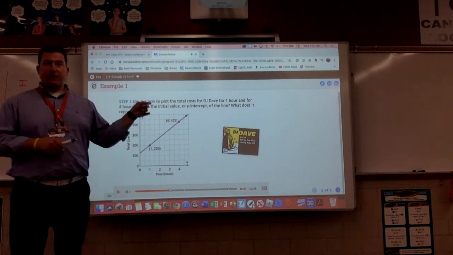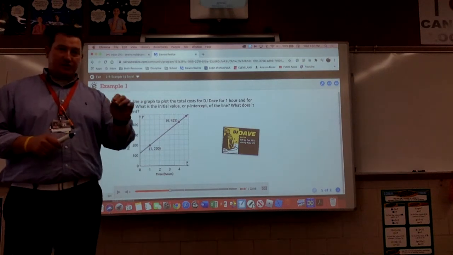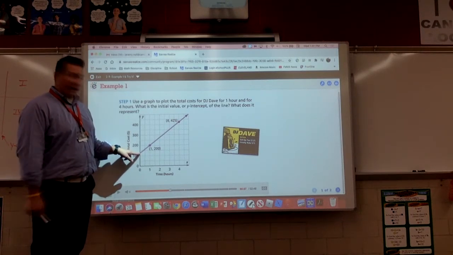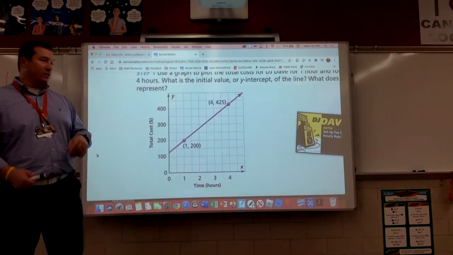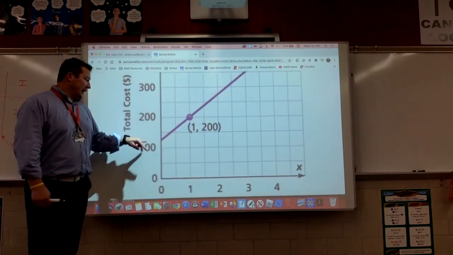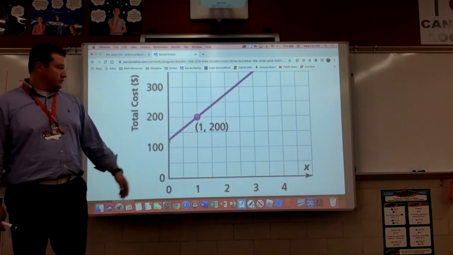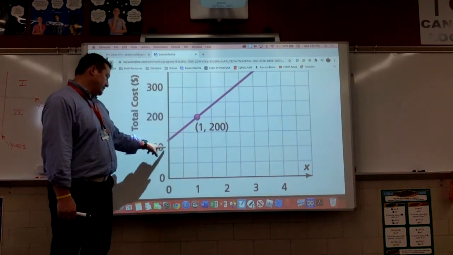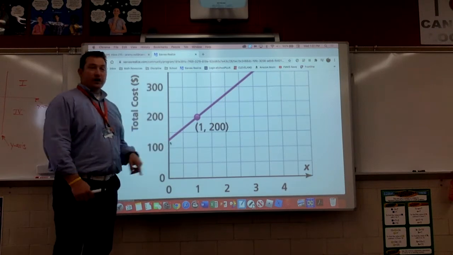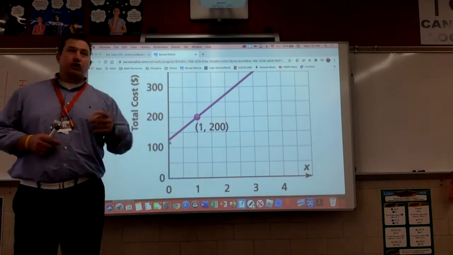So, hey, this is 2-8 stuff here. So we should easily be able to identify the y-intercept. Got to be this number right here. What does it represent? Well, it's going to represent however much DJ Dave is charging just to show up, right? So he charges what looks to be, okay, here's 100, here's 150. I'm going to guess 125. You good with that, Mr. Noel?